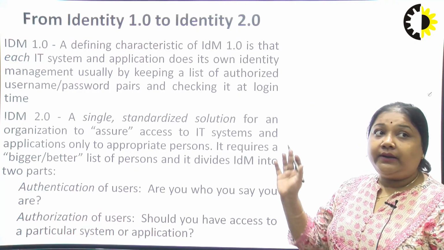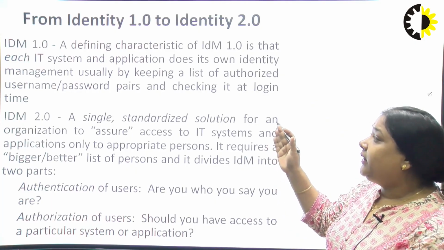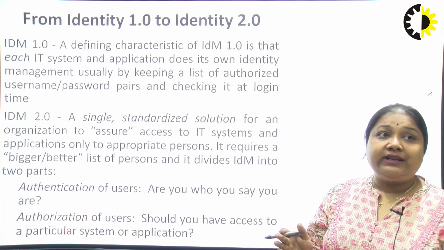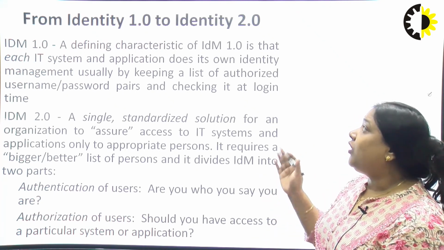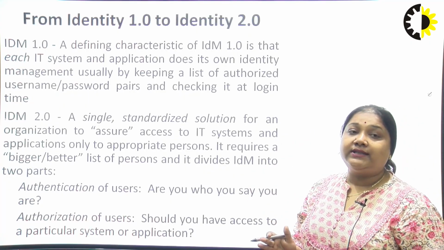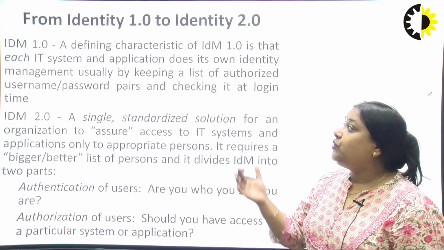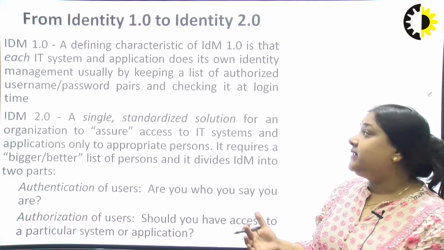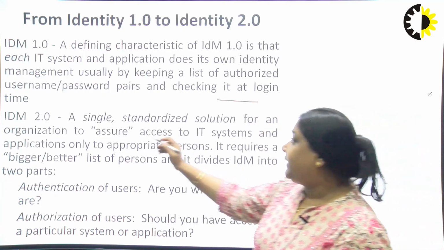Now, identity management 1.0, IDM 1.0, and IDM 2.0. The defining characteristic of IDM 1.0 is that each IT system and application does its own identity management, usually by keeping a list of authorized username and password pairs, and checking it at login time.